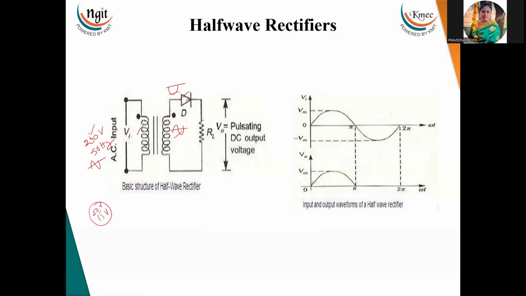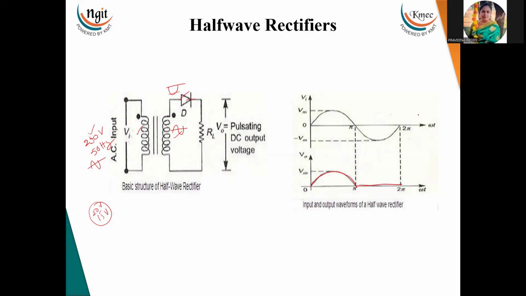If no current is flowing, across the resistor we get zero voltage. For the positive half cycle, we get the positive half cycle across the resistor. For the negative half cycle, because the diode is acting like an open switch and no current is flowing, we don't get any signal.